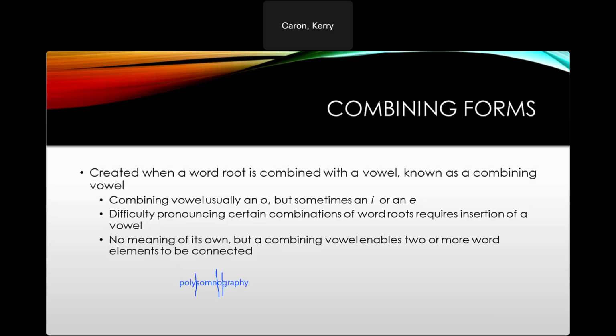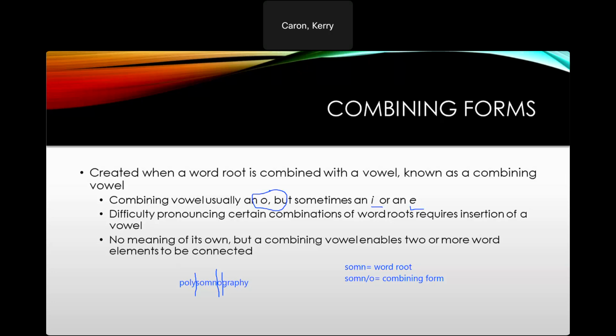So somn is a word root, and somno is the combining form. All that means is that we've used a vowel, usually O, and that's important for you to know. The O is usually the combining vowel. It can sometimes be I, it can sometimes be E.